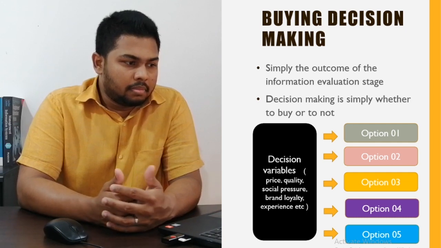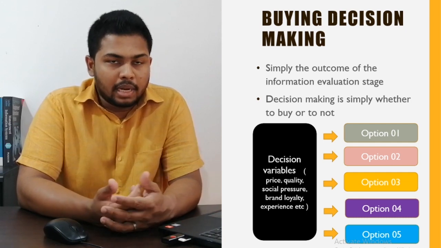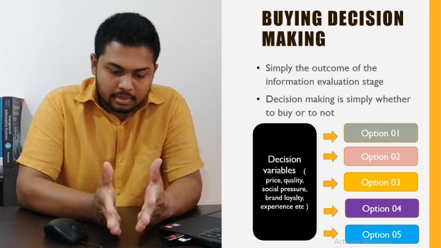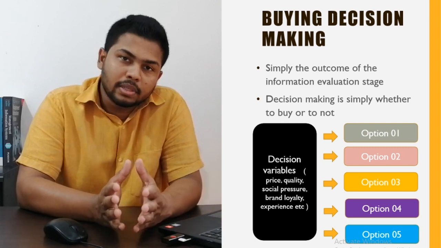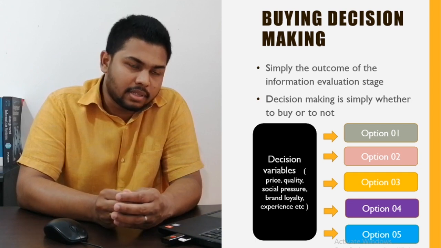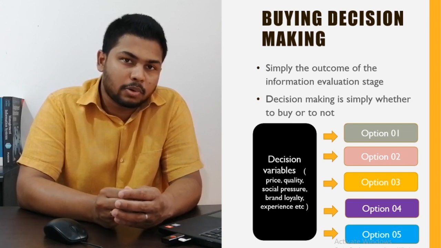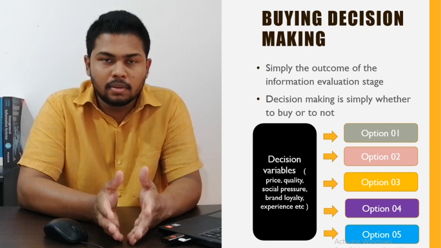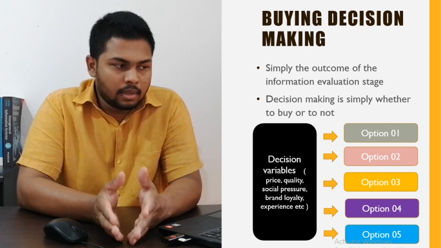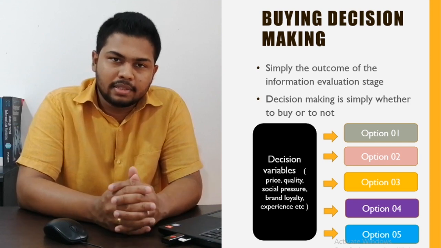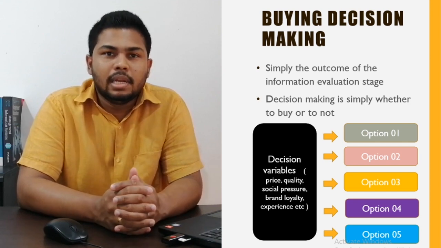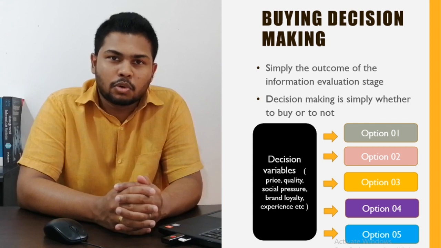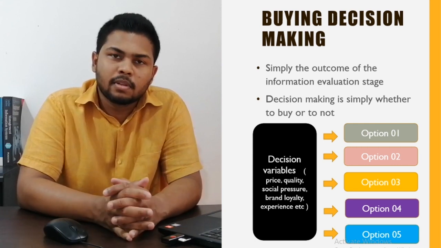Now there can be more options, more variables, more areas that you are looking for, and with the concern of all these things, you will make the final decision, that is to purchase a product or a service from the market, which is existing, which is available, right? So then, once you have made the decision, anyway you are going to consume it, no? You are not going to throw it away, you will consume it.